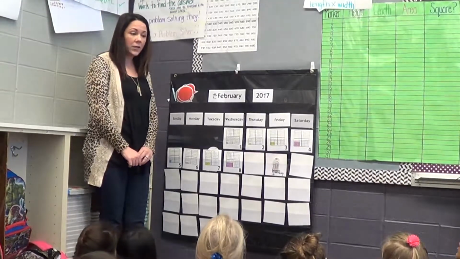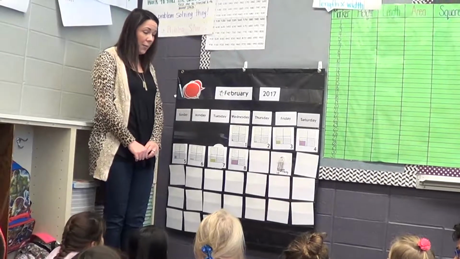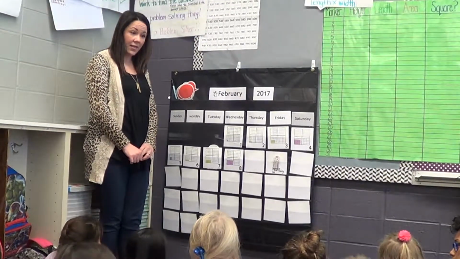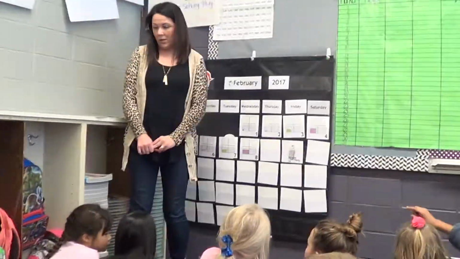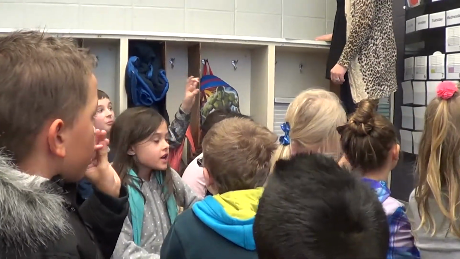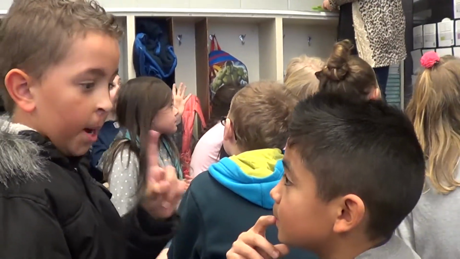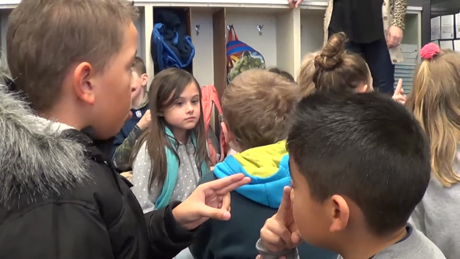Okay, I want you to turn and talk to your partner about some observations that you have made about this month's calendar. Go ahead. First one goes 1 by 1. The second one goes 1 by 2.